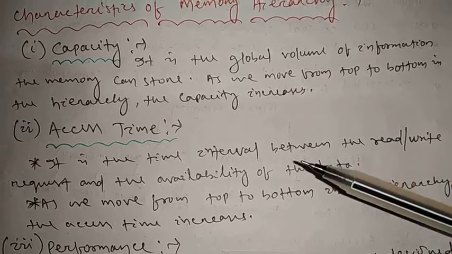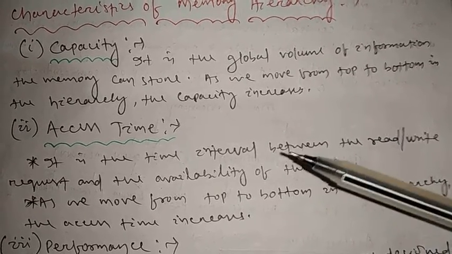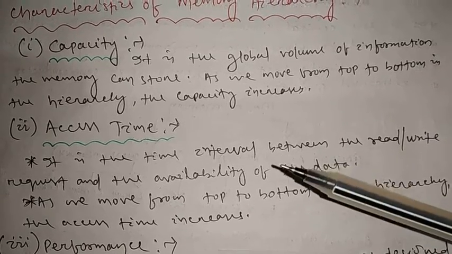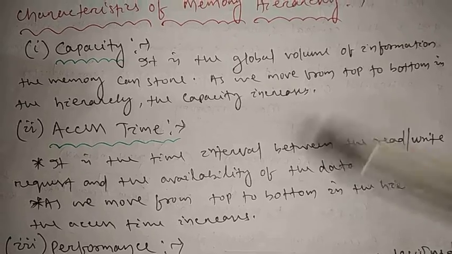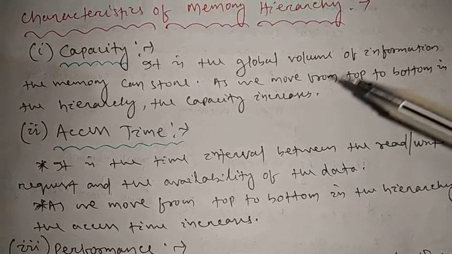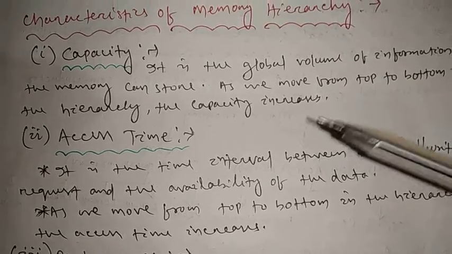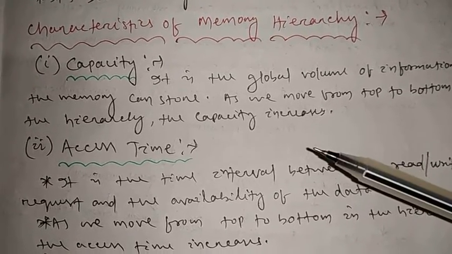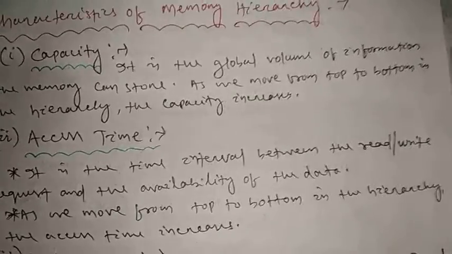Yes, obviously the hard disk size is maximum, 1 TB, 2 TB, in which we can store thousands of movies, thousands of videos, thousands of texts, thousands of crores of information in our hard disk. So this is one characteristic of memory hierarchy, the capacity. So capacity is increased from top to bottom.